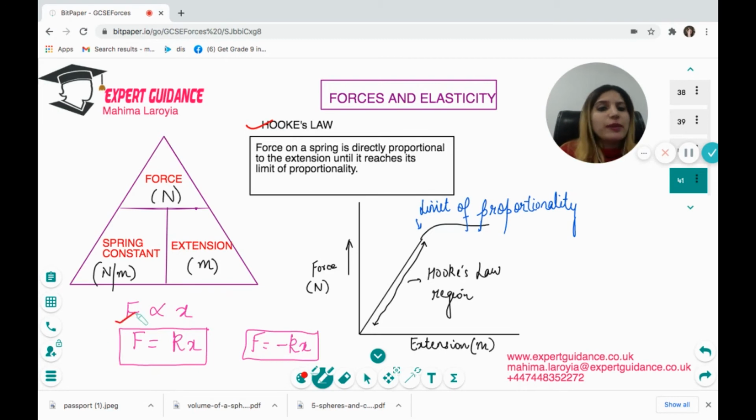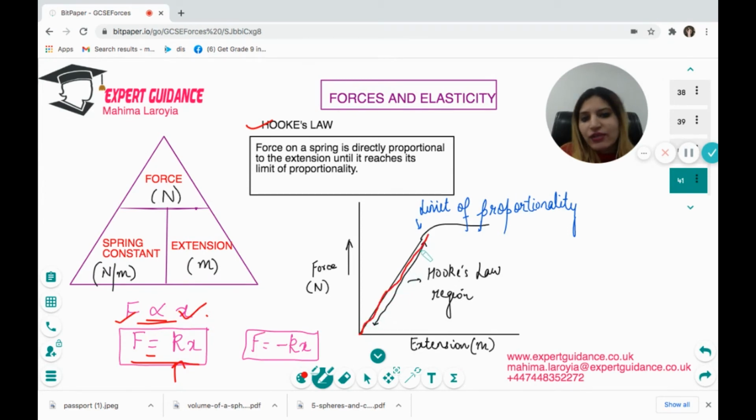So the force you applied will be directly proportional to the extension. If you double the force, the extension produced in the spring would also double. We can write this expression as force is directly proportional to x. To convert the proportionality sign into an equal sign, we introduce a k, which is the spring constant. So that becomes F equals kx.